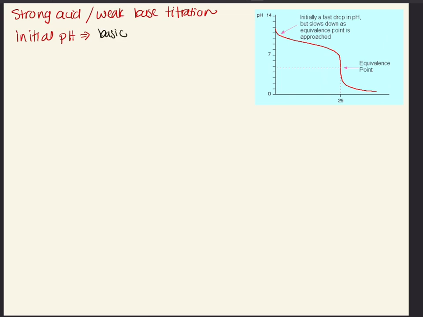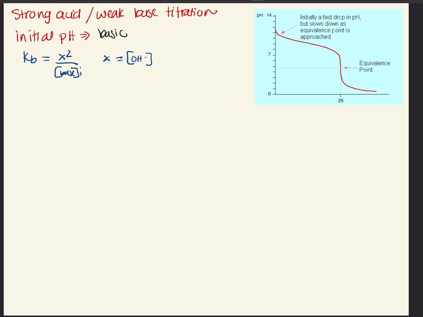And when you're calculating the pH initially, it's very similar to a weak acid strong base titration, except for now we're going to be dealing with Kb. So Kb is going to be equal to x squared over the initial concentration of your base. So again, remember x in this case, instead of being equal to hydronium ion, is going to be hydroxide.